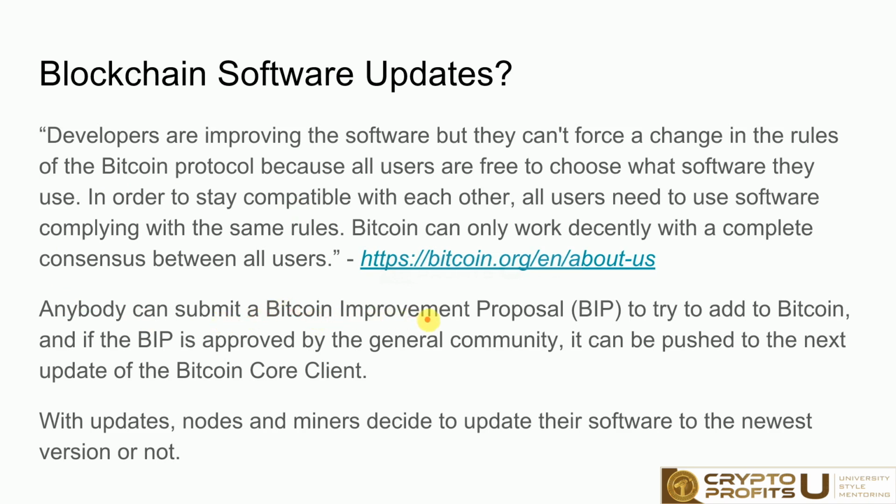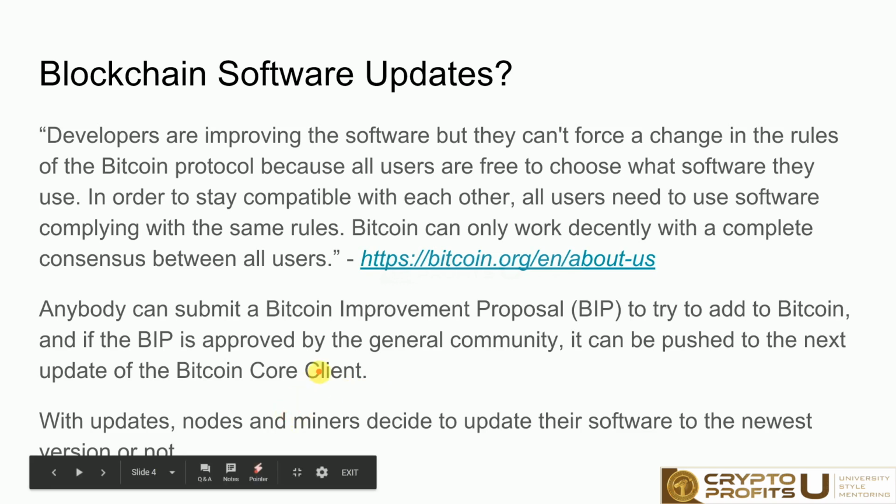So anyone can submit a BIP, a Bitcoin improvement proposal, to try to add to Bitcoin. And if the BIP is approved by the general community, it can be pushed to the next update of the Bitcoin Core client, which is just the Bitcoin software. So anyone can make a suggestion, even you listening to this video. It has to be accepted by the general community before Bitcoin Core actually considers it an update.